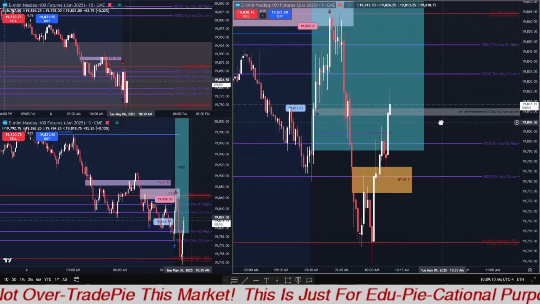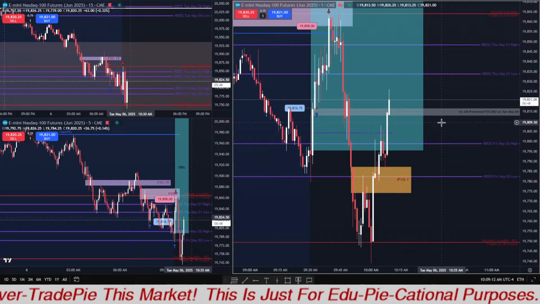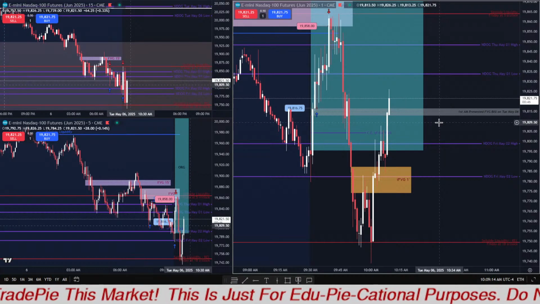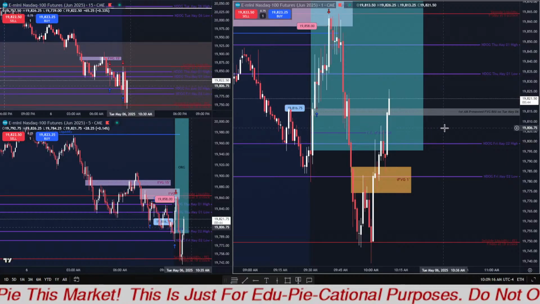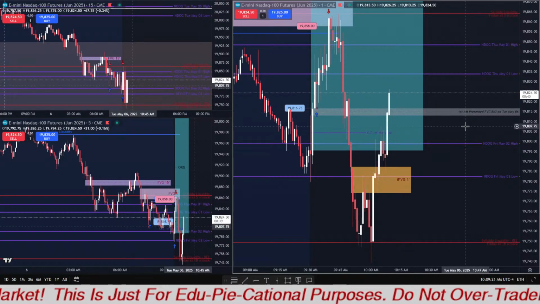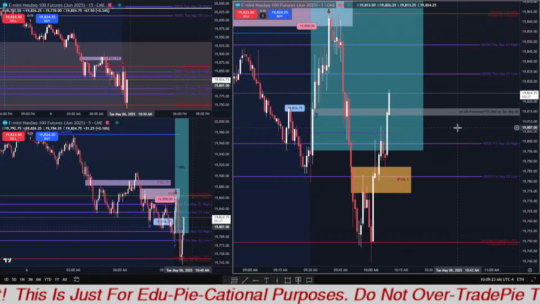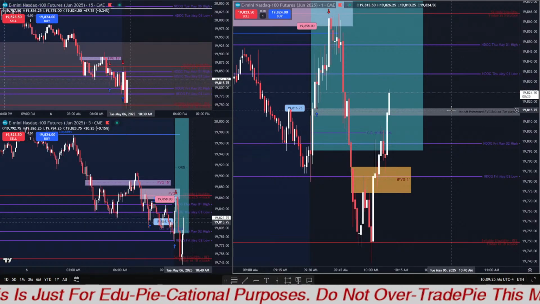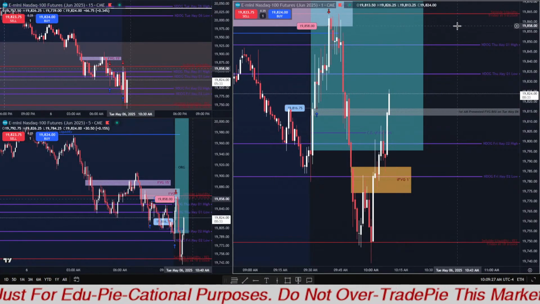And even it went above the first presented fair value gap. If we can close above this, I'm expecting to use the fair value gap as a reclaimed one and use it to deliver higher prices over here.